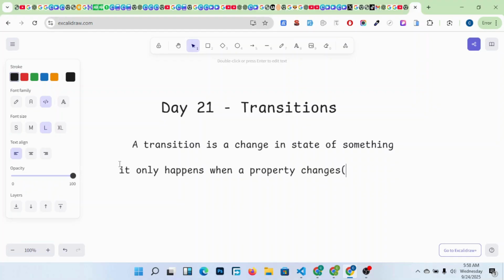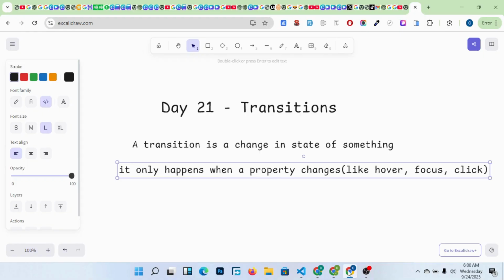Like for example, hover, focus, and click. Okay. This is when a transition happens.